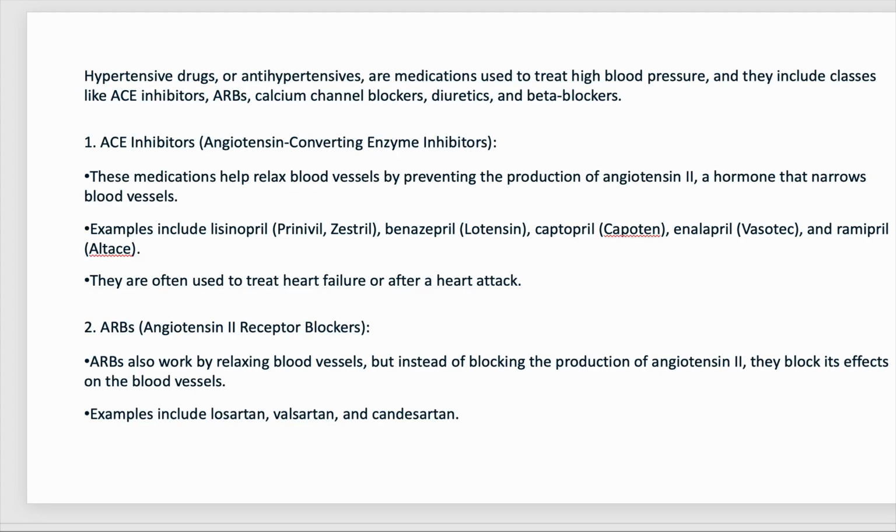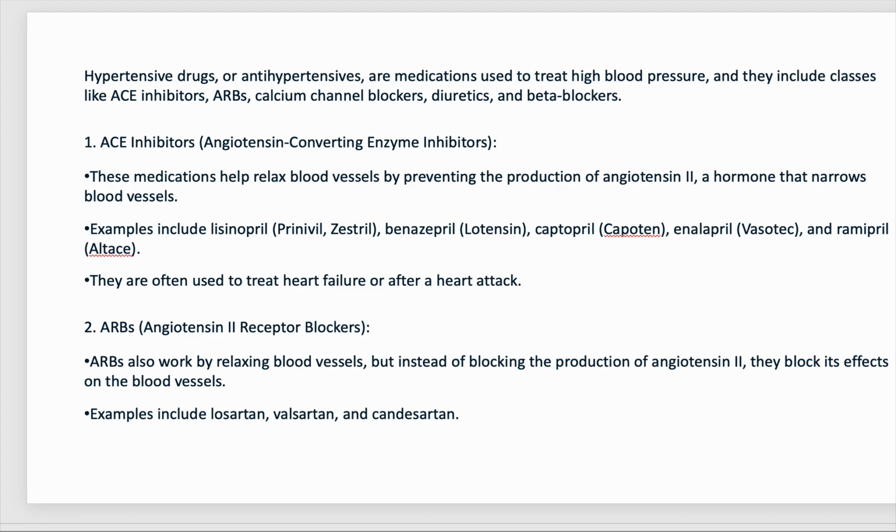Antihypertensive drugs, obviously, are classified in many other classes. The one that we discussed was ACE inhibitors. These medications help relax blood vessels by preventing the production of angiotensin 2.